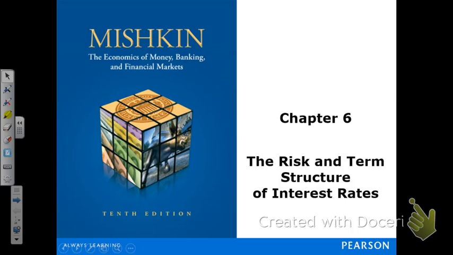Why is the return on long-term bonds different from the return on short-run bonds? In that discussion, we are going to talk about the role of risk and the role of the maturity date. This is an interesting chapter, and I think it's a fairly sophisticated approach that Mishkin has undertaken.